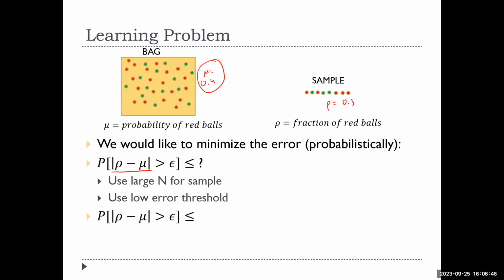But what I can do is, I cannot make it 0, but I can limit the error probabilistically. I may say that the error will be at most 0.1 with a probability of 0.9. Or let's say with a probability of 0.8, the error will be at most 0.1.